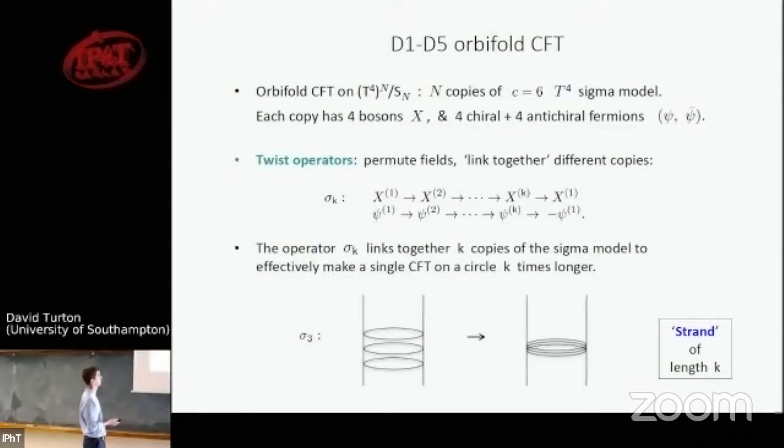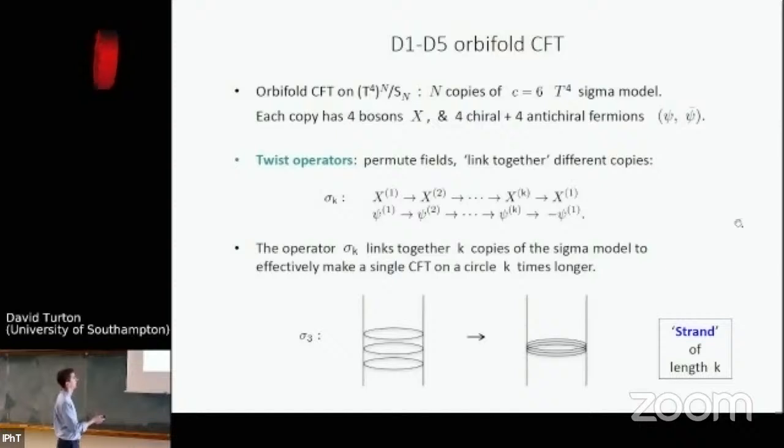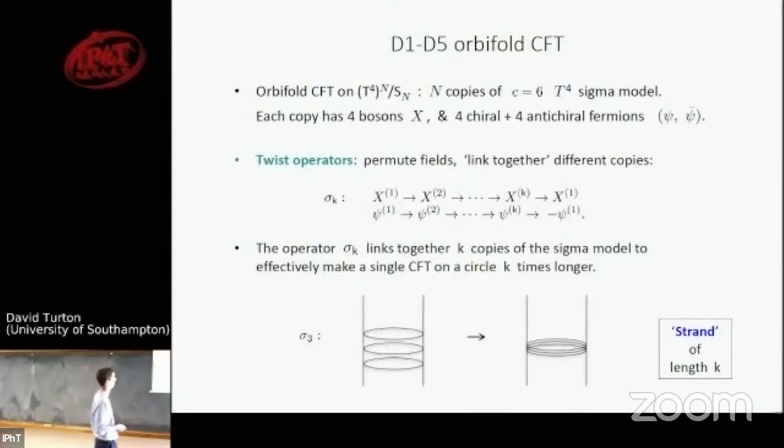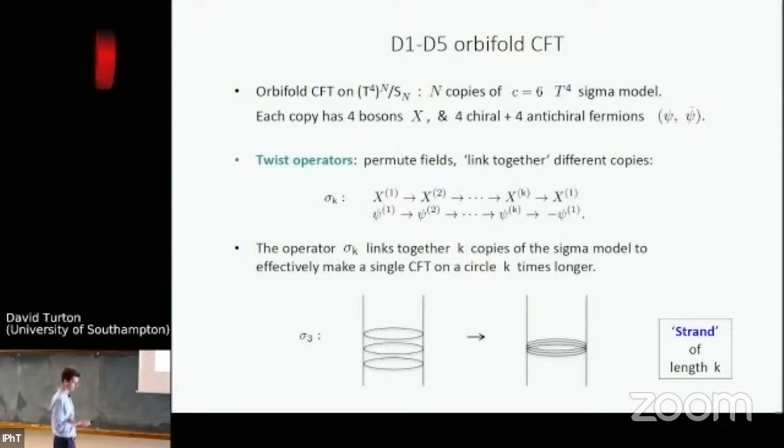And the lowest dimension twist operator generates a sort of monodromy, which involves a minus sign at the final step, so that the fermions in the covering space are in the NS sector. And then one can make Ramond sector operators with twist fields as one needs. So this gives us various components of the overall CFT, which are often referred to as strands. A strand of length k means I have a twist k operator, which has combined k copies of the original CFT into one k-wound chunk of CFT.